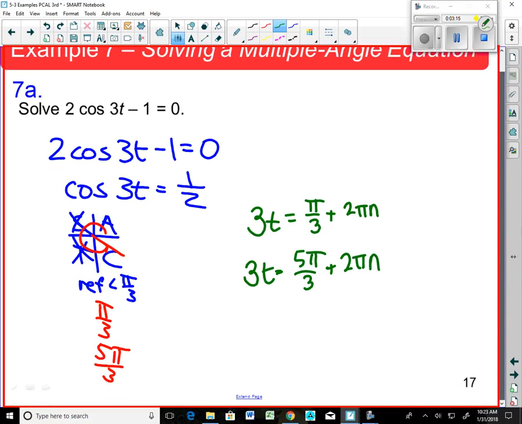Then we divide each side by 3, or actually I'm going to multiply by 1/3 just because it'll be easier for me to see. So I'm going to multiply each side by 1/3 to get my final results.